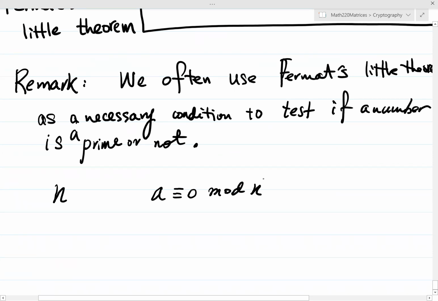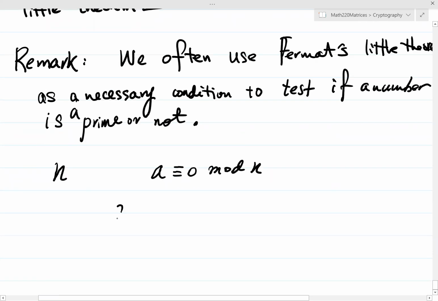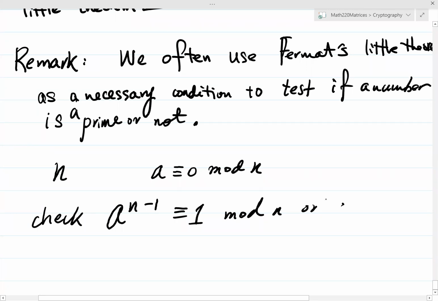Then you check whether A to the power n minus 1 is congruent to 1 mod n or not. If it's true, then it's possibly prime. If it's not true, then n is not prime.